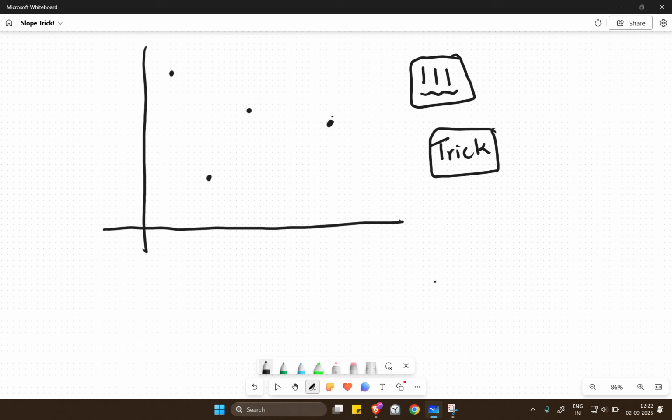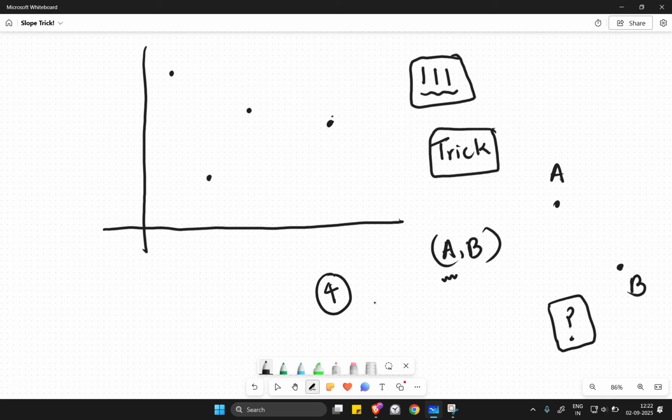But how do you check that a pair of points a comma b is such that a is on the upper left part of b? So this is a, this is b. How do you check this efficiently? Like if you are gonna write 4 if cases, that's too cluttered, right? Your code looks bad and you run into some edge cases, and we definitely don't want that.